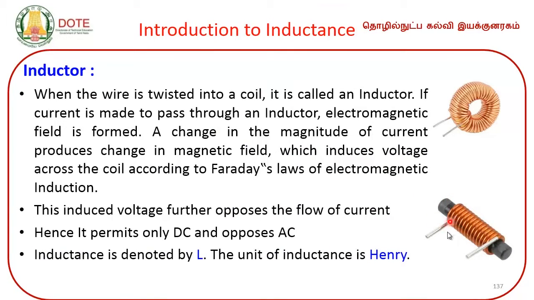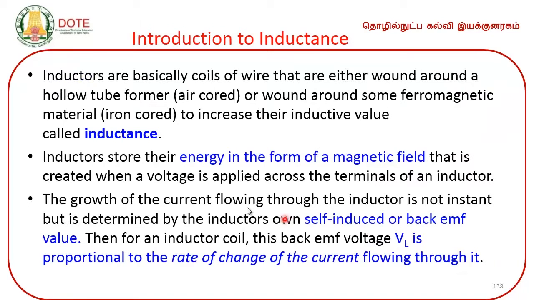Now when current flows through the coil, you get uniform magnetic flux in and around it. Inductors store energy in the form of a magnetic field; electrical energy is converted into magnetic field energy. The more current flows, the more magnetic flux is produced around the coil.